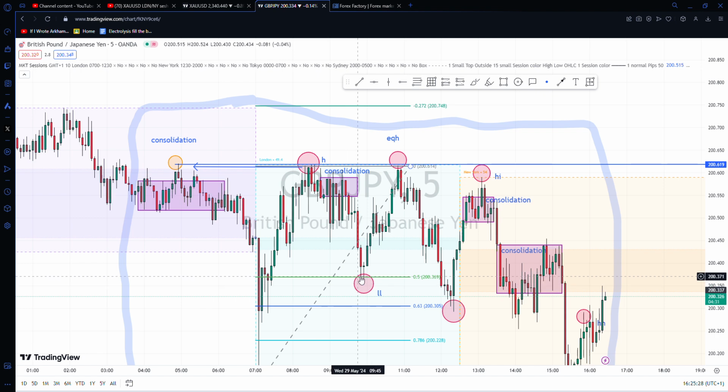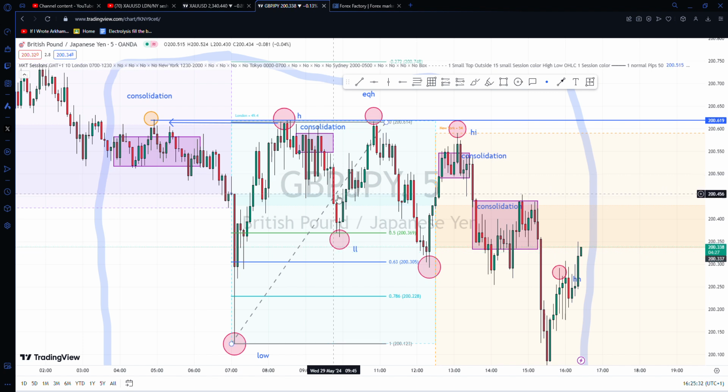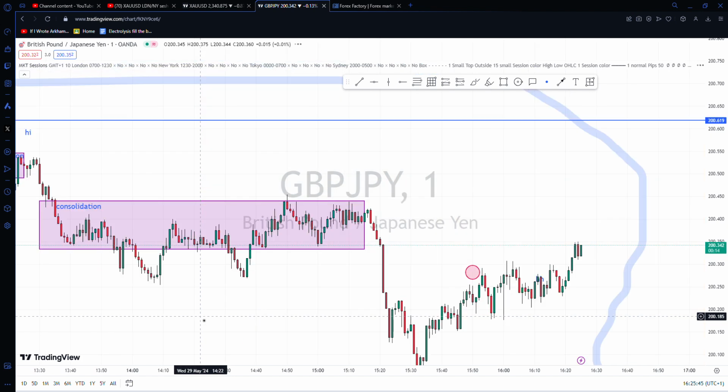Price pulls back, and then obviously the Fibonacci, you draw that when price is moving back from that consolidation, because you have your low there and your high there, yeah.